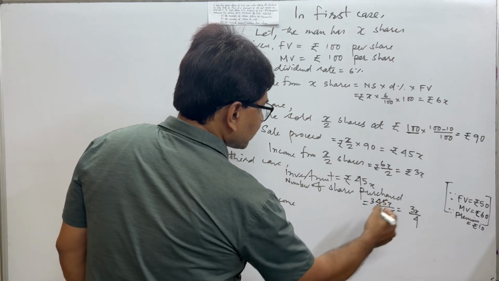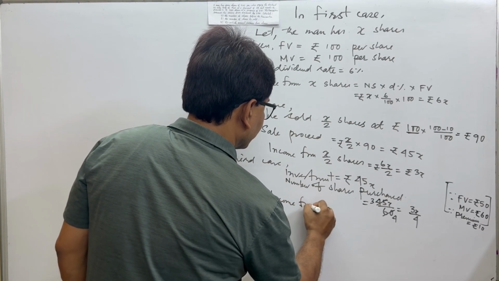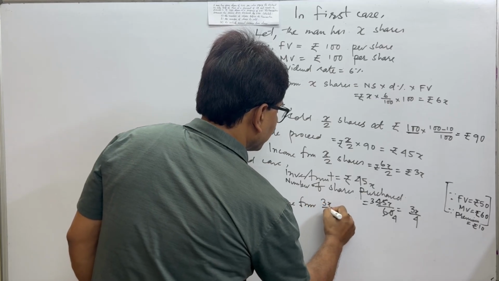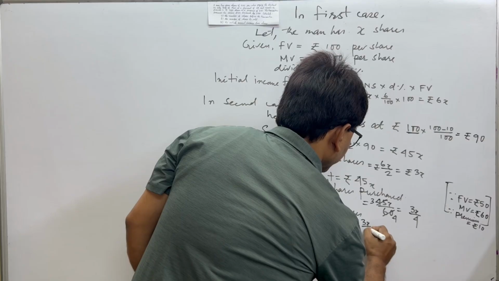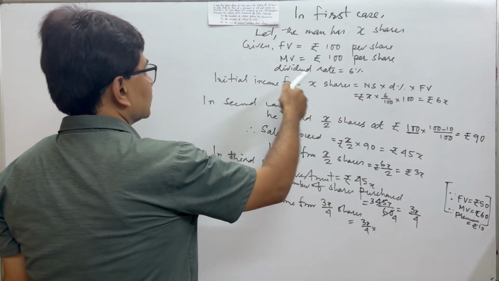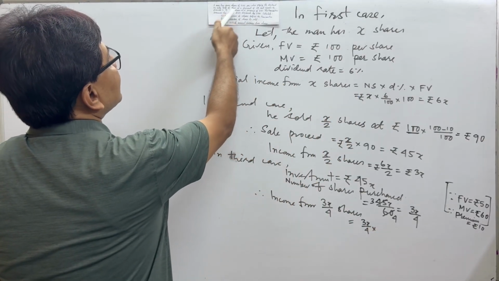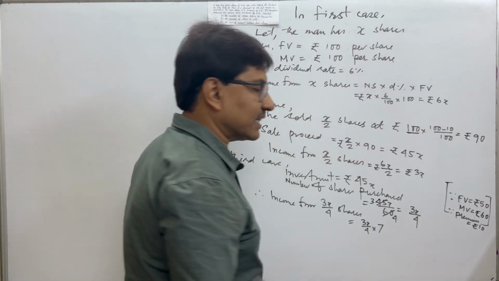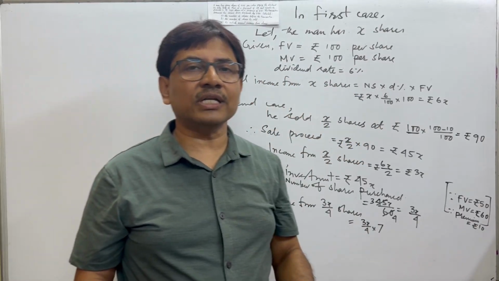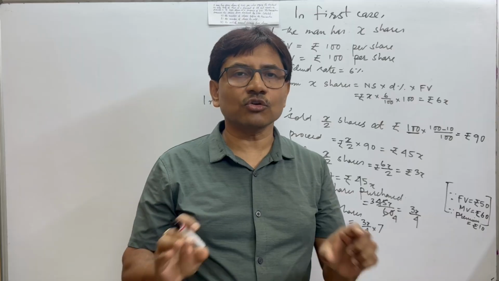Therefore, income from 3x by 4 shares is 3x by 4 into dividend percentage. Here 7% is mentioned, you can check the question. Already in the beginning I had given this on the screen.